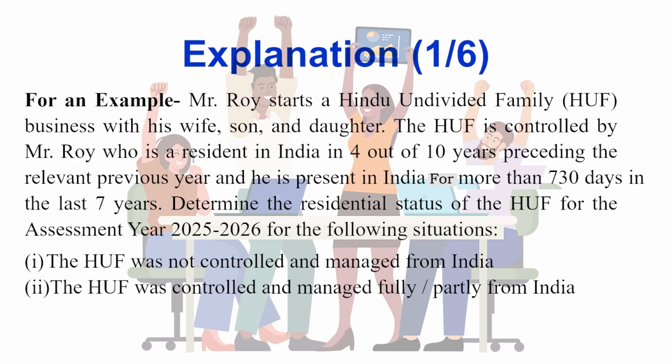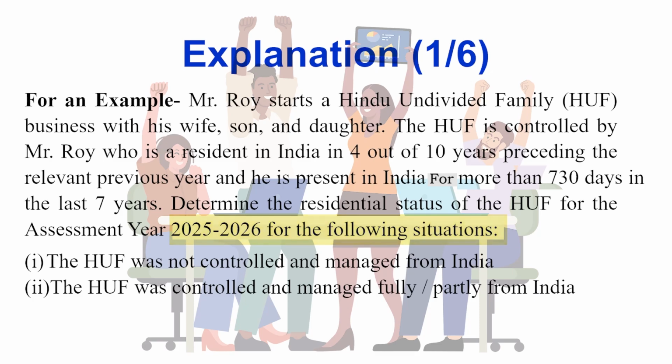The HUF is controlled by Mr. Roy, who is a resident in India in 4 out of 10 years preceding the relevant previous year, and he is present in India more than 730 days in the last 7 years. We need to determine the residential status of the HUF for the assessment year 2025-26 for the following situations.